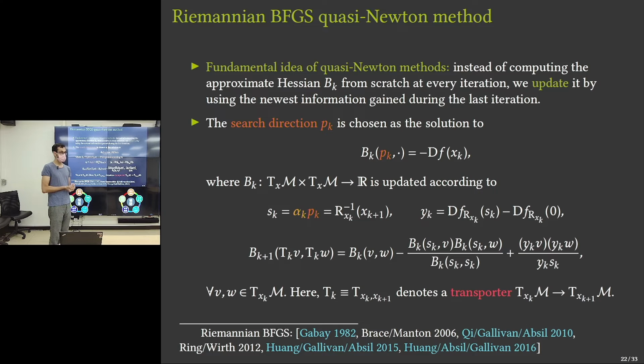The fundamental idea is that quasi-Newton methods, if you have read my notes, consider a search direction in the same framework of the line search methods. Instead of considering the minus gradient, they consider a search direction in which there is an approximate Hessian involved.